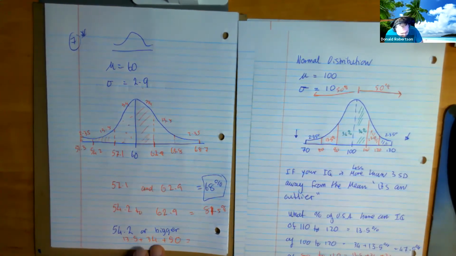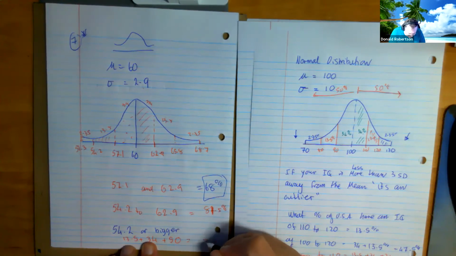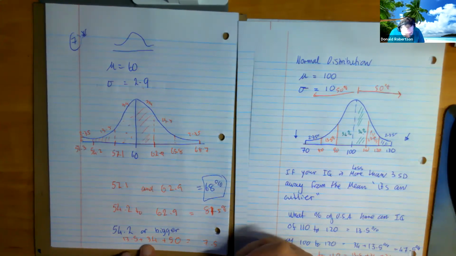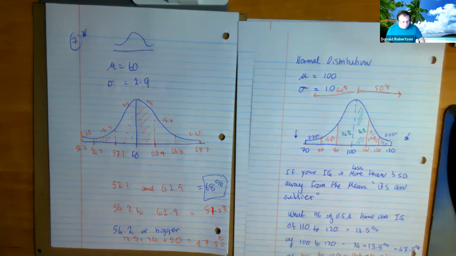So in this case, that's 68, 78. That's hard to do in my head. So there's a 5, there's a 7. Evidently, 97.5% of women at college are taller than 54.2 inches.